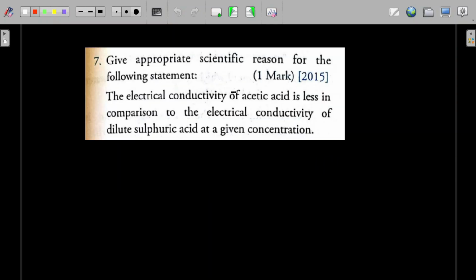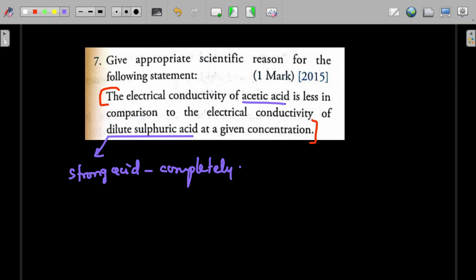Okay. Give an appropriate scientific reason for the electrical conductivity of acetic acid. These kinds of questions have been asked many times. So see what you have to write, even if it is for 1 mark. Whenever they give you two acids to compare, write first: dilute sulfuric acid is a strong acid, so it will completely ionize in water.